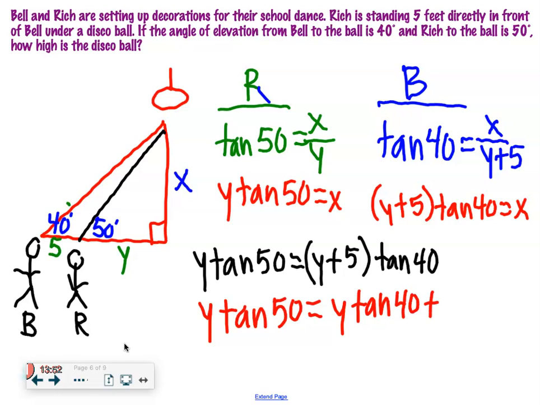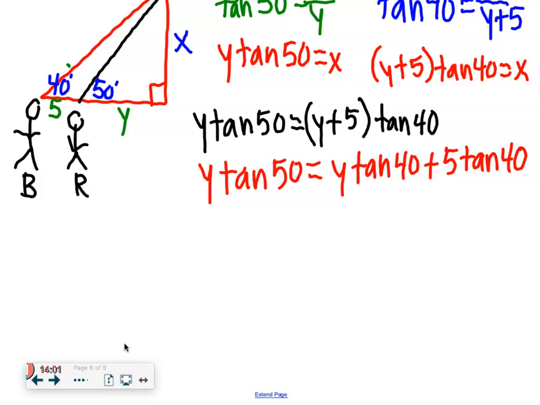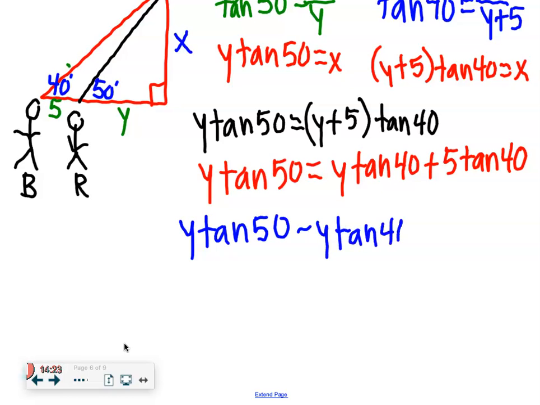You're just gonna put the 5 out in front. So we just distributed. Now can we subtract Y tan 40? Yep, and I want my Y's on the same side, so I'm gonna subtract this guy over there. So that'd be Y tan minus tan equals 5 tan. Can't do that. I know you want to, but you can't. Why not? Because it's stuck together. So you have to do it like this.